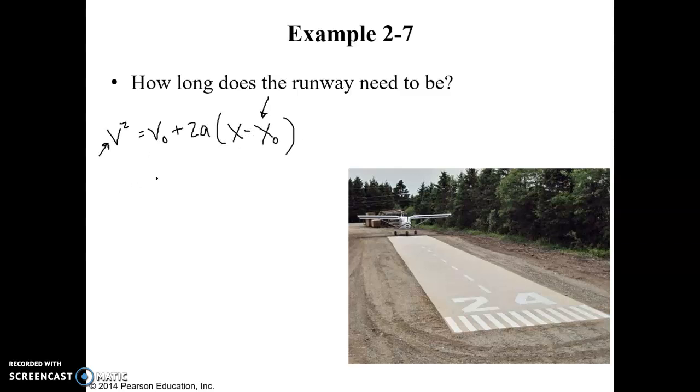Now, the way the textbook tends to solve these problems, if you're following along with example problems in the textbook, is to rearrange all the variables first before plugging in the actual numerical values. I understand why they do that, but it can be a little easier for some students, I think, to just plug in the numbers first. So why don't we do that?